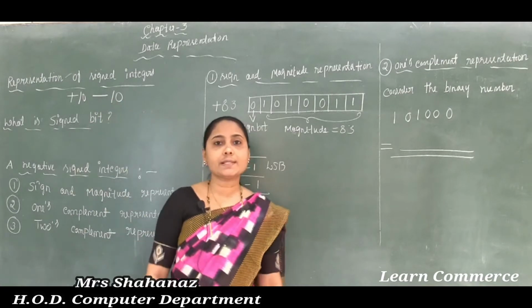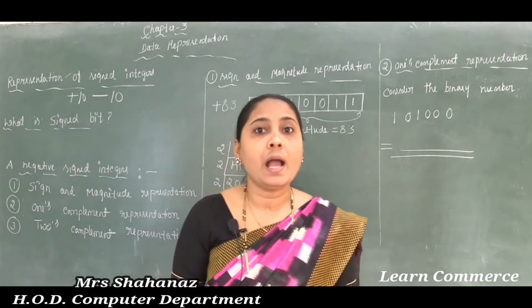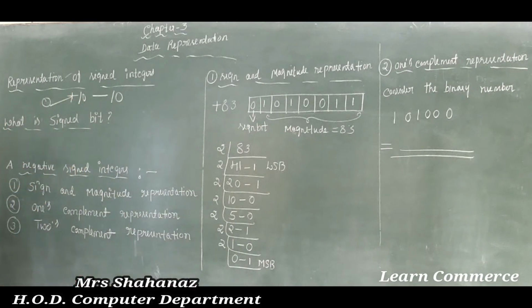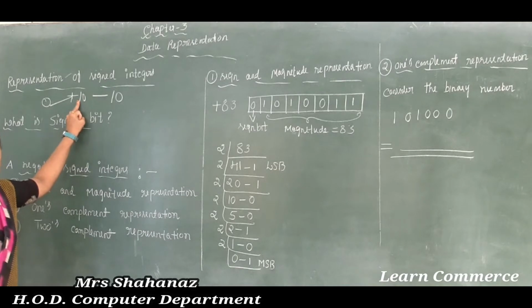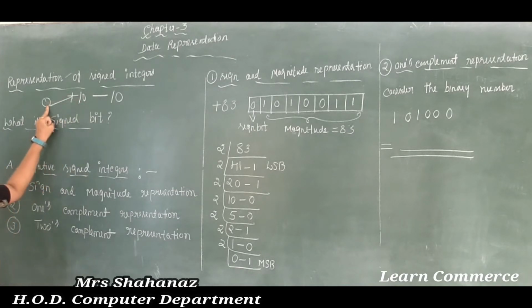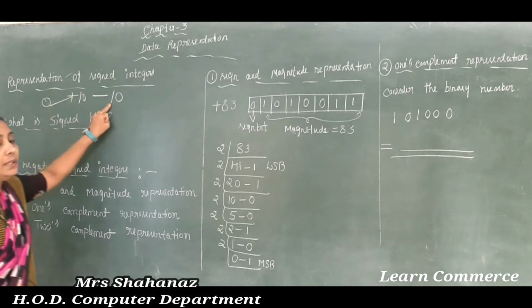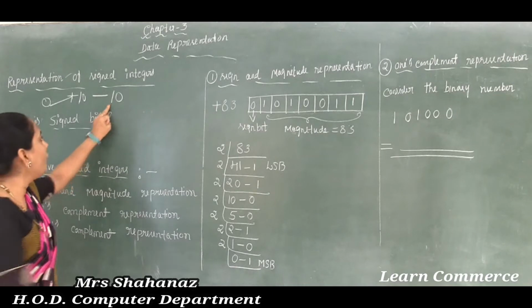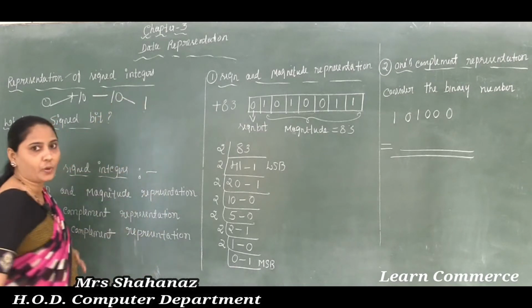So we can say that the positive number has a sign bit 0. Clear? It's a very important point here. If you are using any positive number, then the sign bit of the positive number is equal to 0, while for the negative number the sign bit value is 1.